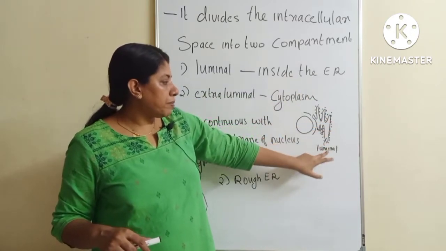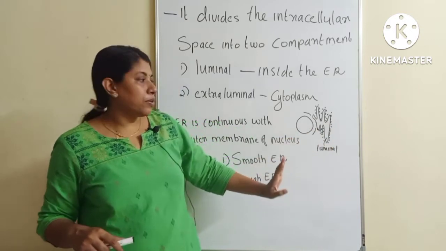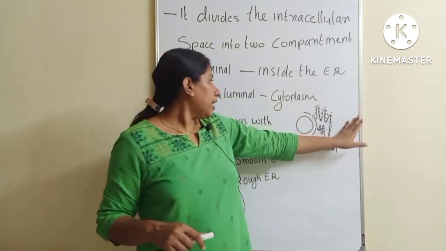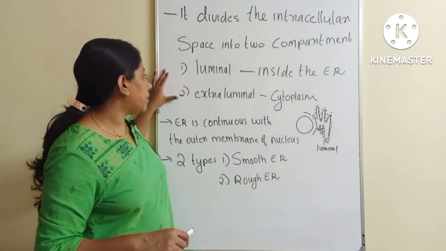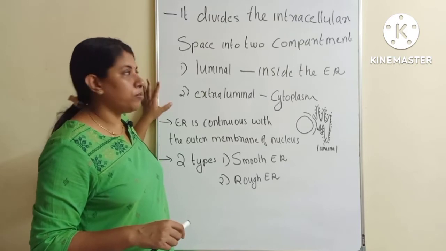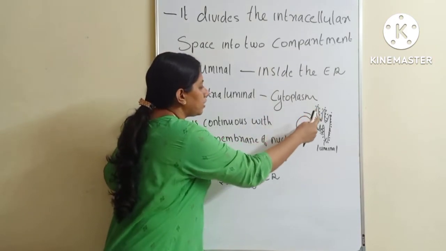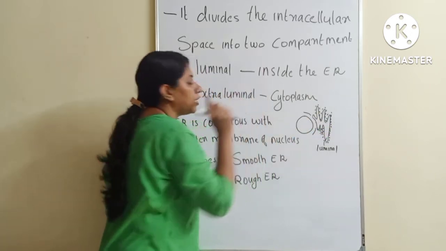One is the luminal space, and luminal means the space inside the endoplasmic reticulum, and the other is the extraluminal, that is, outside the endoplasmic reticulum, in the cytoplasm. These two compartments are called luminal and extraluminal. Once again, the endoplasmic reticulum divides the intracellular space into luminal and extraluminal compartments.